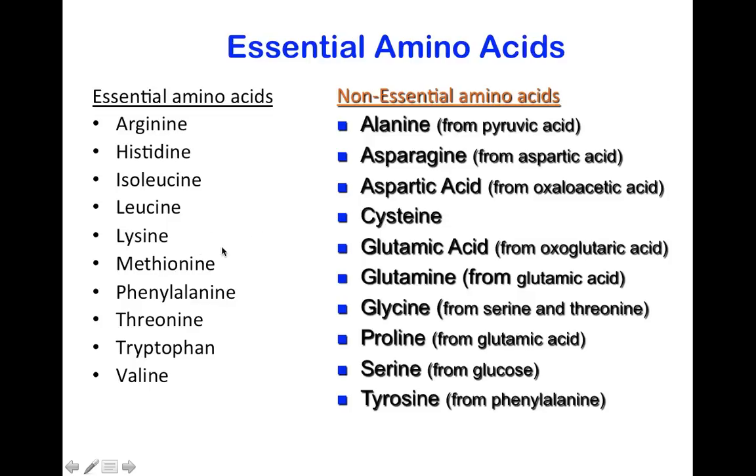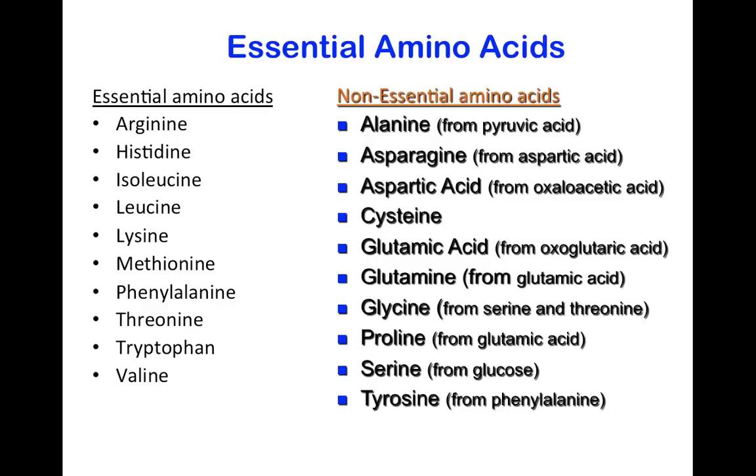So if you look on the left hand side here, you see that we put a list of the essential amino acids. And basically an essential amino acid is one that we cannot synthesize on our own. Alright, and therefore we rely on our diet to get these essential amino acids. So that's the essential amino acids.